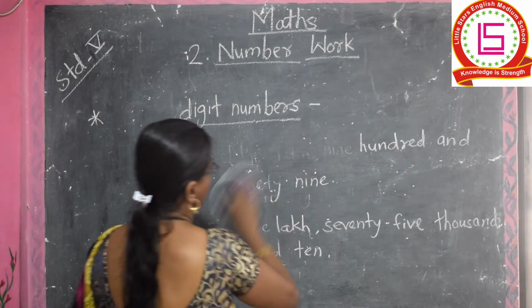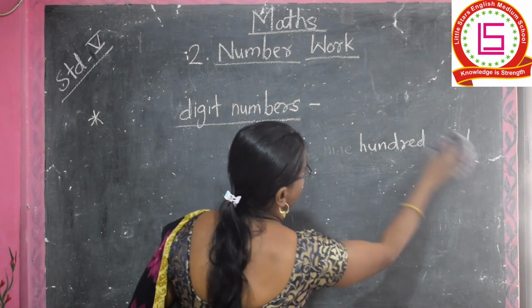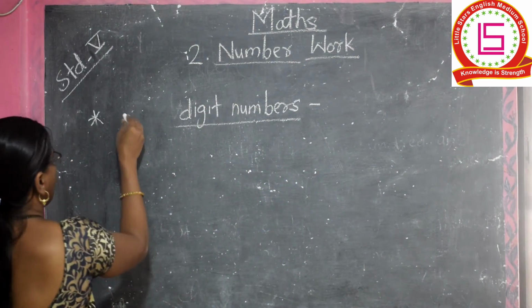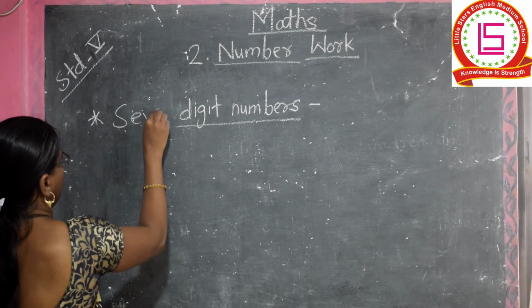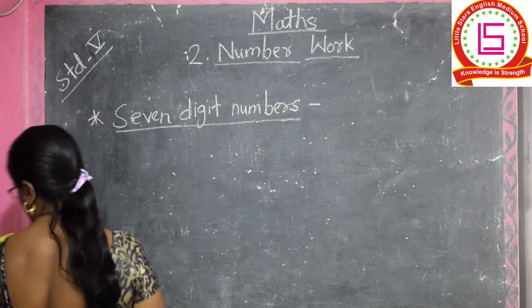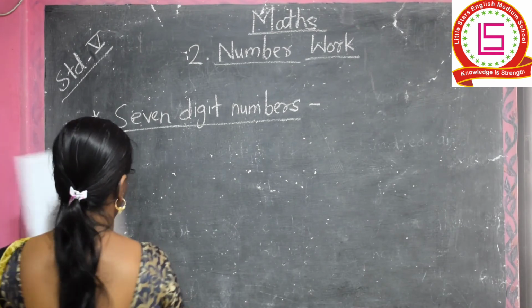7-digit numbers. The next point is 7-digit numbers. Okay, then see, take one example of that.